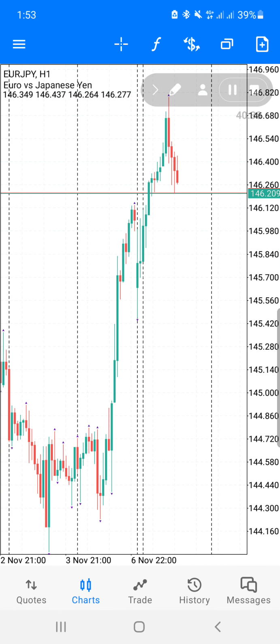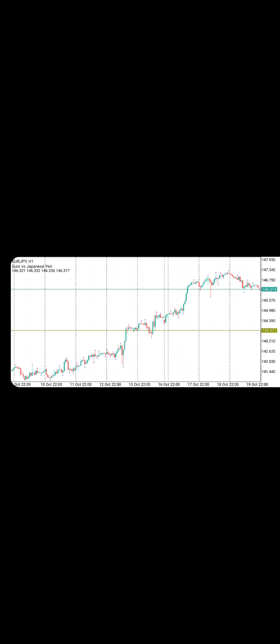So let's invert my phone so I can have a better view. So this is EURJPY. Let's scroll and see what patterns we can detect in this one.